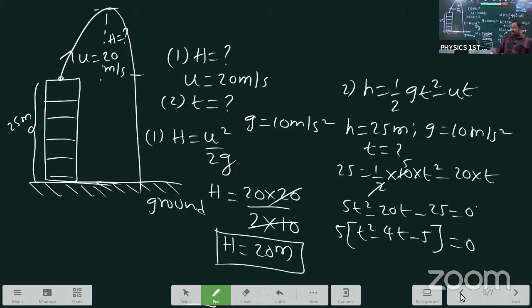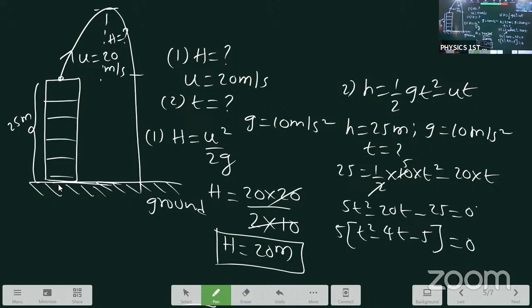The question they gave is an example problem from motion in a straight line. A ball is thrown from a multi-story building with how much velocity? 20 meters per second. Point of projection to ground is 25. What is the question?